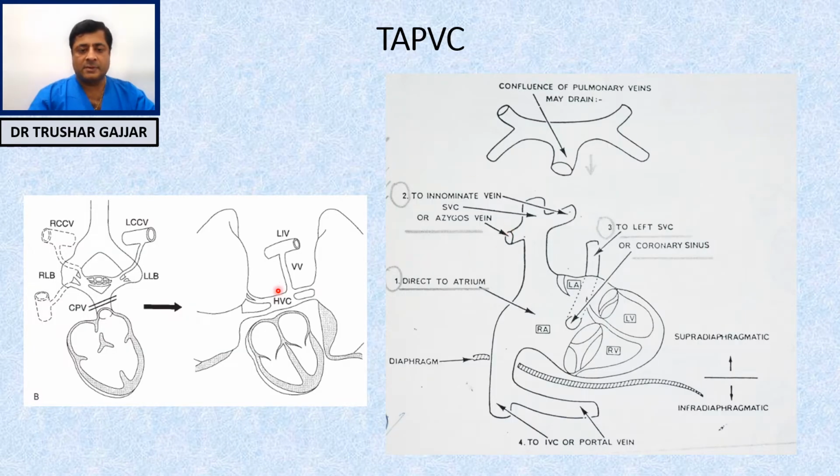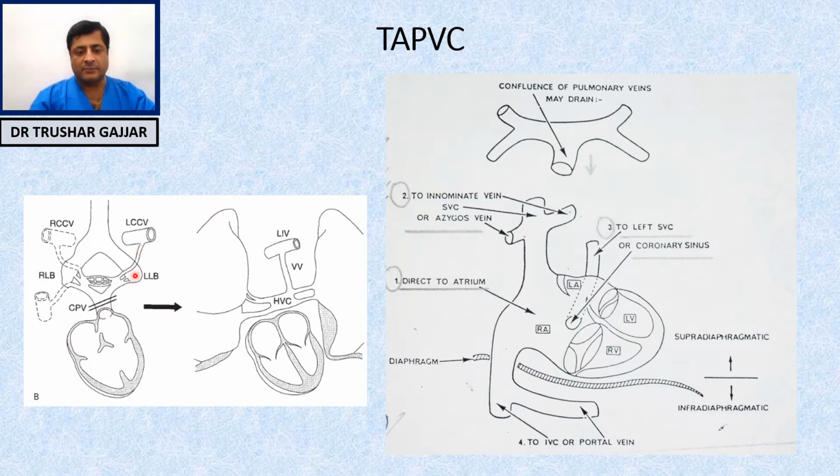So in case of interruption of this fusion of the primary pulmonary bud and the splanchnic plexus, it leads to either drainage of pulmonary veins into the left common cardinal vein, that is called the vertical vein, and it drains into the innominate vein, or it will drain into the right common cardinal vein, meaning at the SVC or SVC-RA junction, or the umbilical vein, meaning into the IVC or portal vein. So it will lead to the formation of total anomalous pulmonary venous connection.